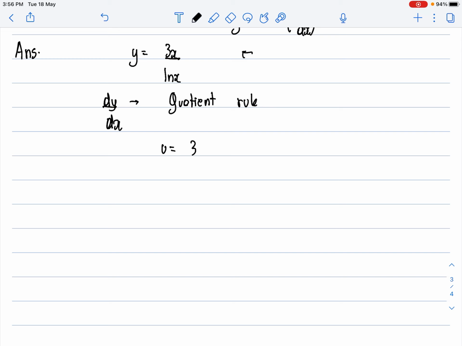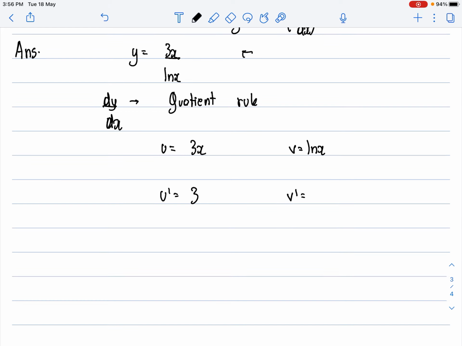So I know my u is 3x, my v is ln x, my u dash or du by dx will be 3, basic differentiation of 3x, and my v dash is the differentiation of ln x, which is 1 over x.